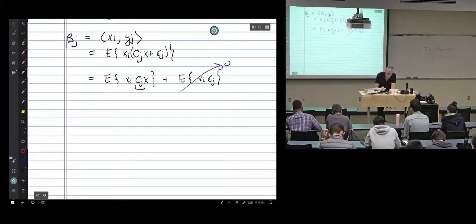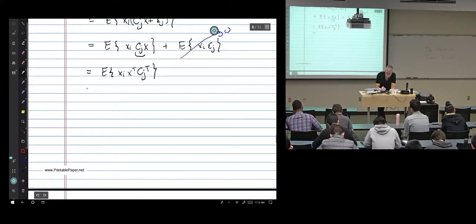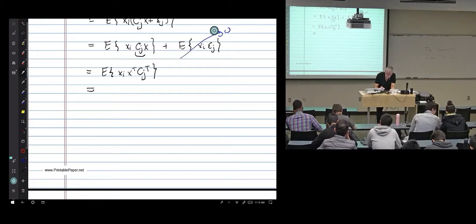This is a scalar, so I can transpose it. I don't change anything. Okay, and so this is the ith column of P times Cj transpose.